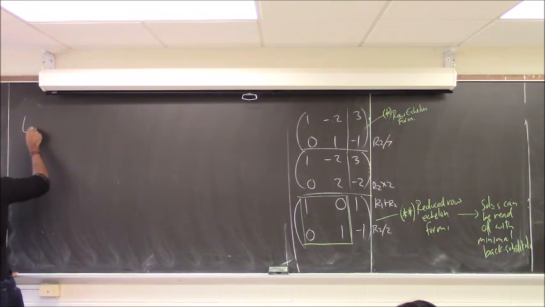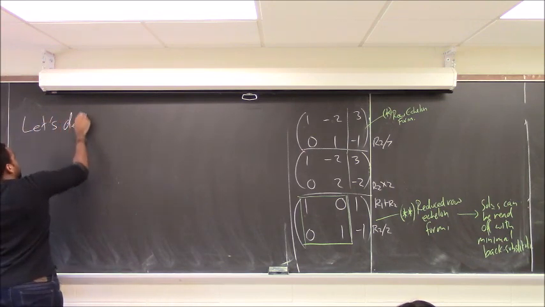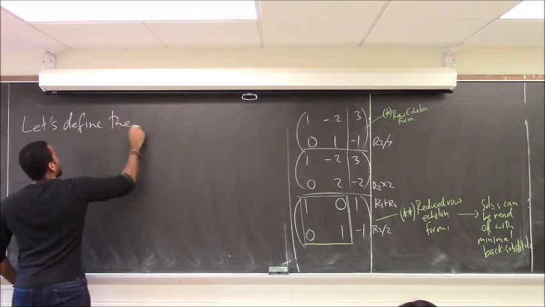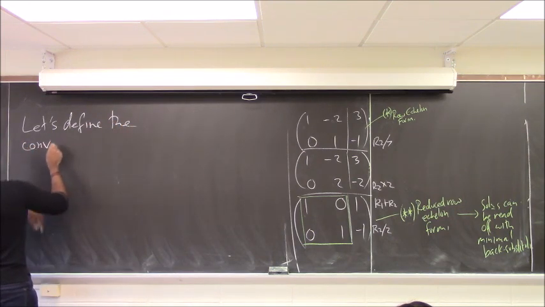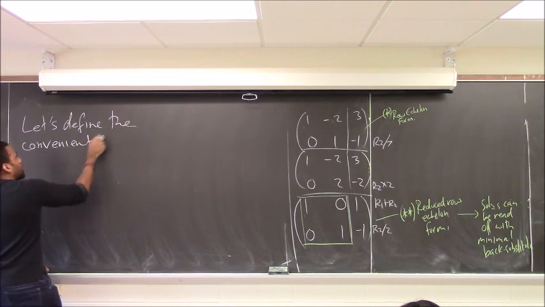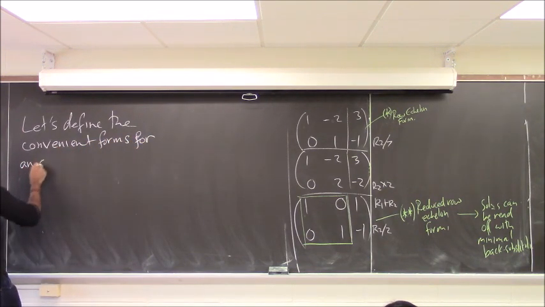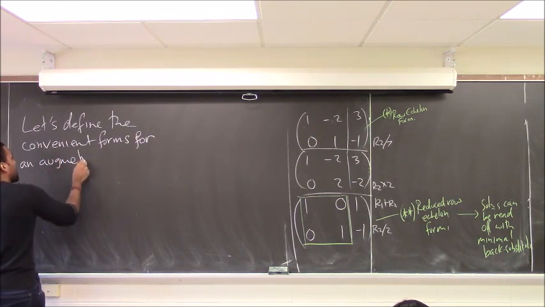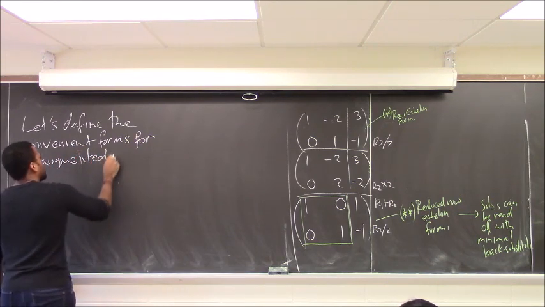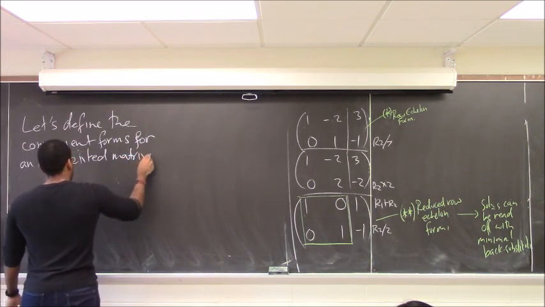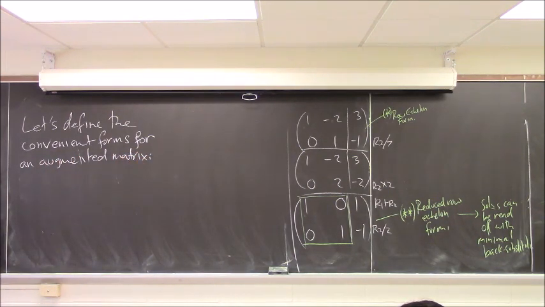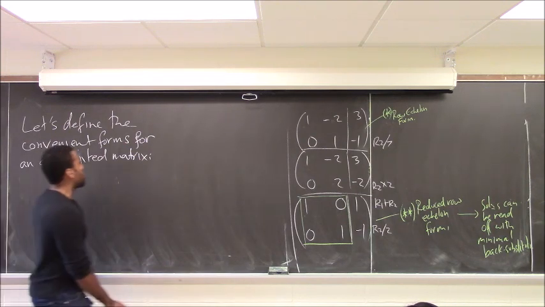So let's define the forms. Okay, so one is called the Row Echelon Form.